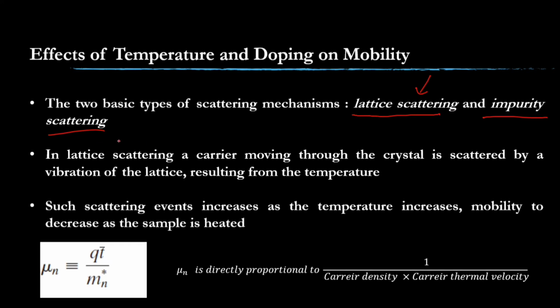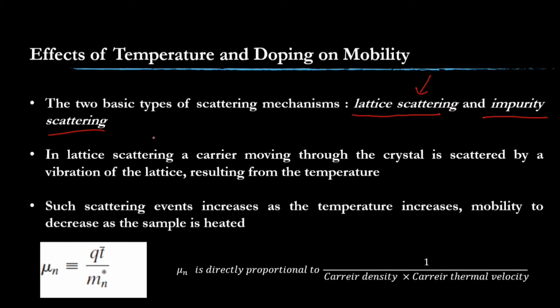In lattice scattering, a carrier moving through the crystal is scattered by a vibration of the lattice. I told you that the lattice atoms are not stationary, they are always vibrating, and that creates acoustic waves.